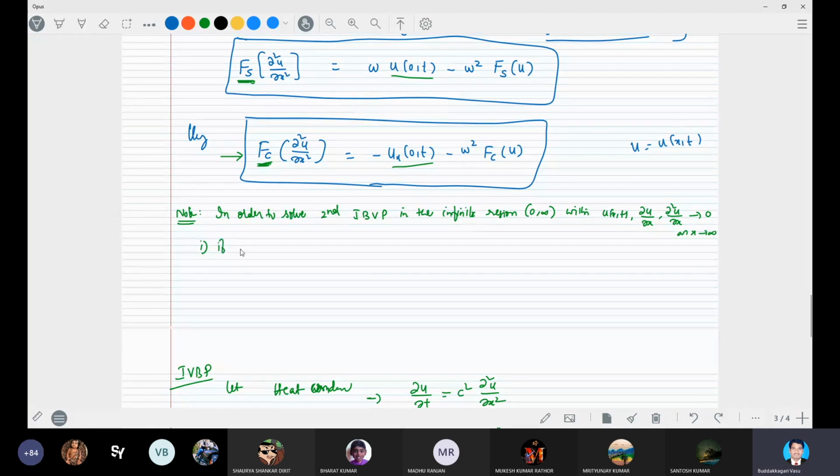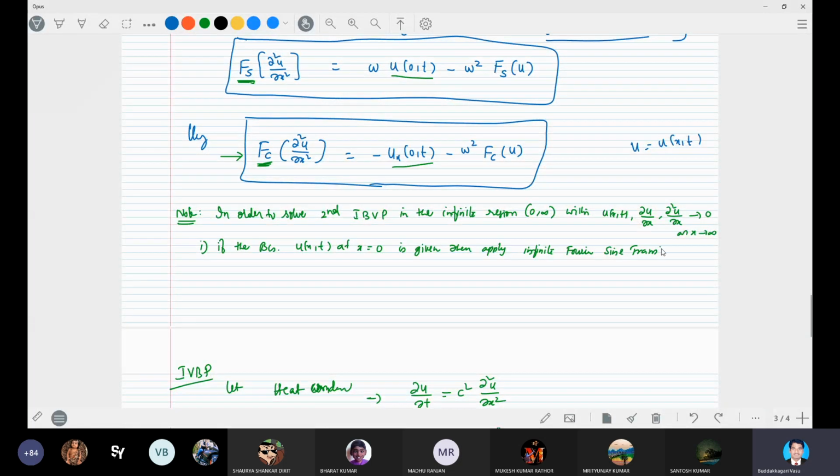Number 1, if the boundary condition u(x, t) at x equal to 0 is given, then apply the infinite Fourier sine transform.